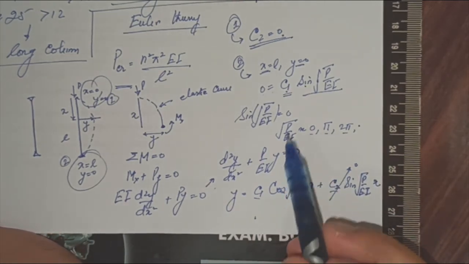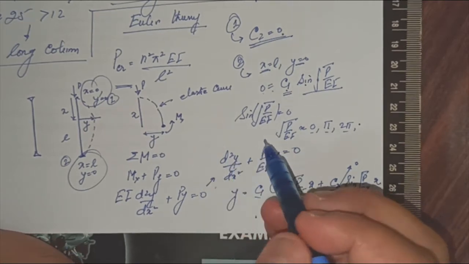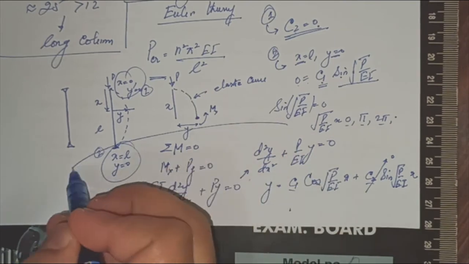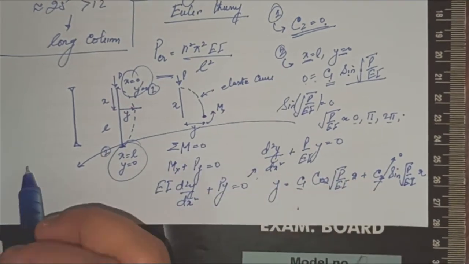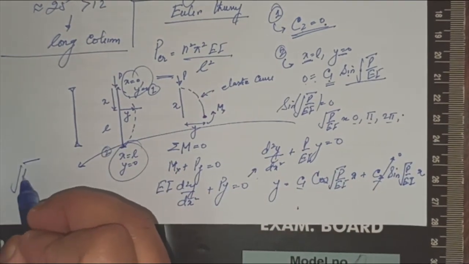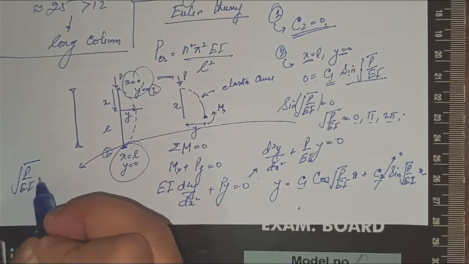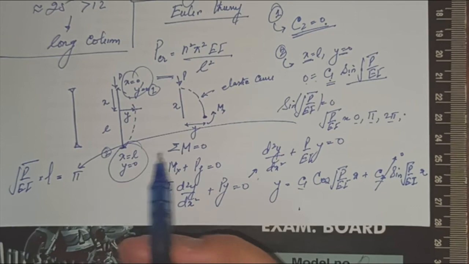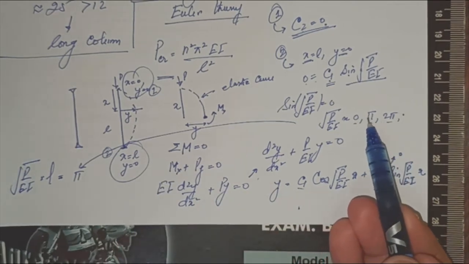So this becomes a bit complex, and if I put this here it becomes a bit clumsy. So I'll be getting square root of P upon EI times L is equal to pi, or basically n pi, because this is 0, this is 1, this is 2.